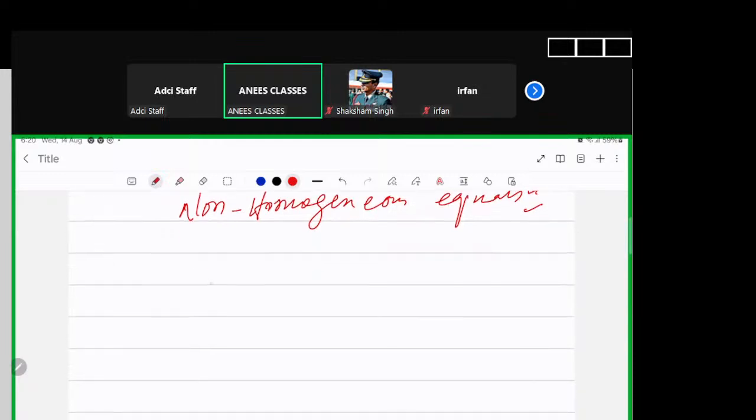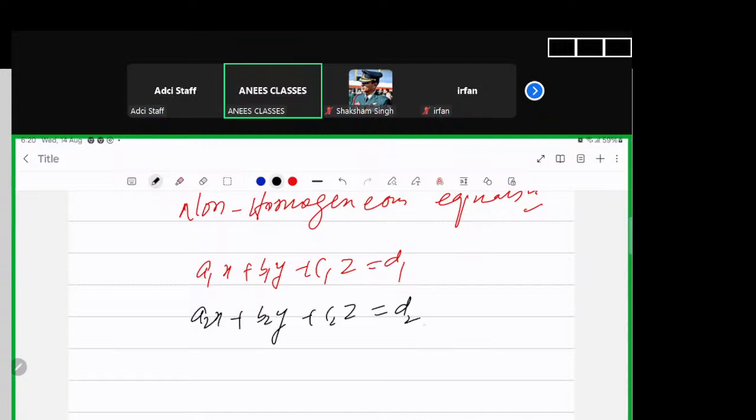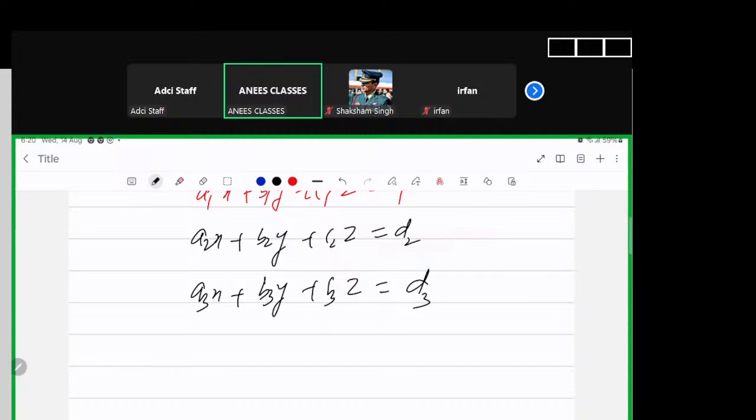Let's take three variables: a1x plus b1y plus c1z equal to d1, a2x plus b2y plus c2z equal to d2, a3x plus b3y plus c3z equal to d3.